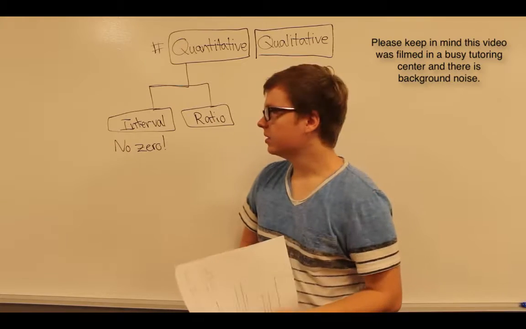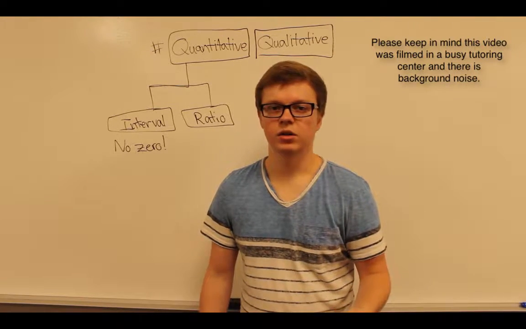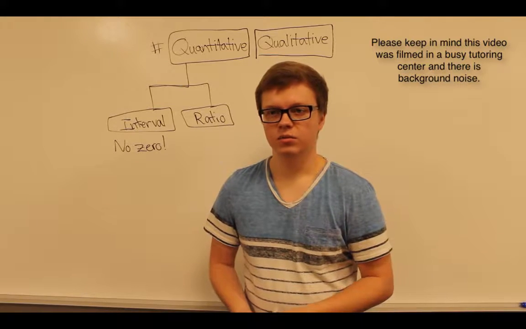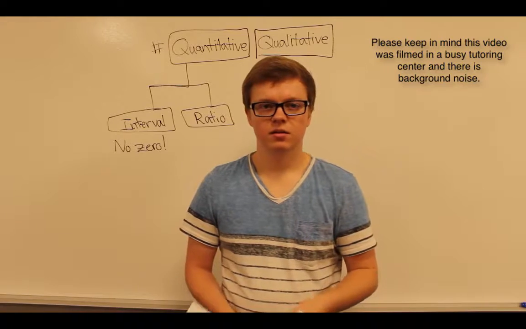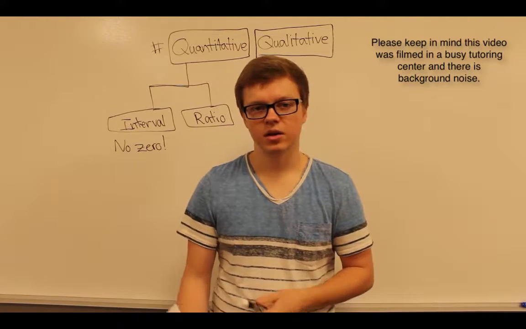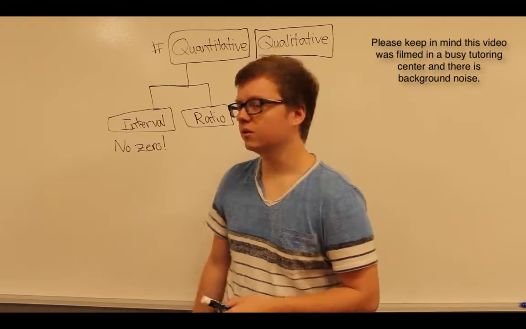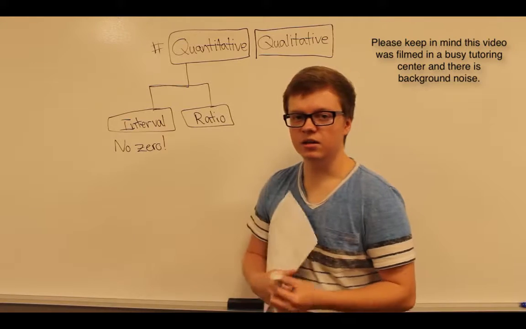So you wouldn't say that 60 degrees Fahrenheit is twice as warm as 30 degrees Fahrenheit, because there's no reason why 0 degrees Fahrenheit is a better zero point than 0 degrees Celsius. That's an example of interval data, whereas ratio data does have a true zero.